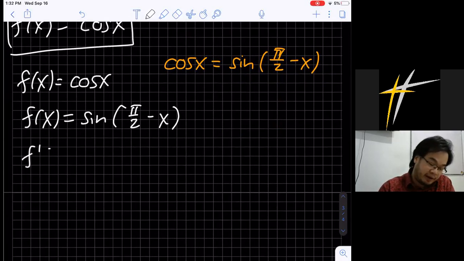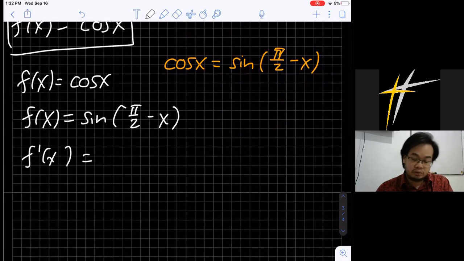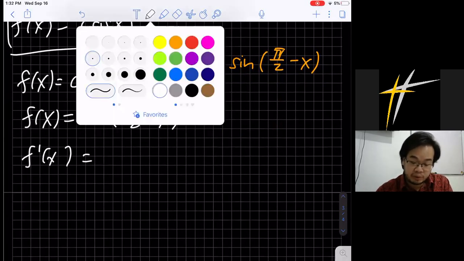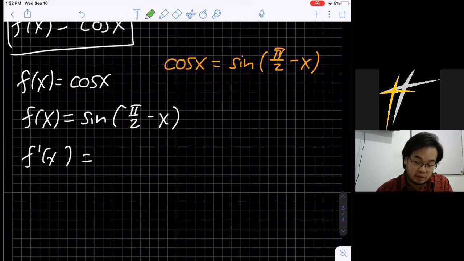So f prime of x is equal to, now be careful, this is a composite function where u is equal to pi over 2 minus x.